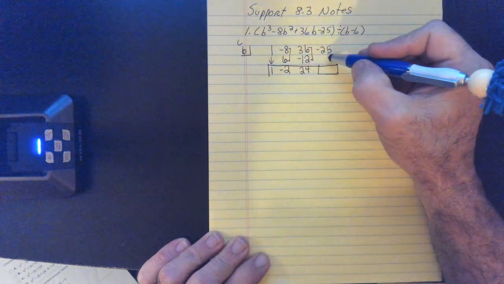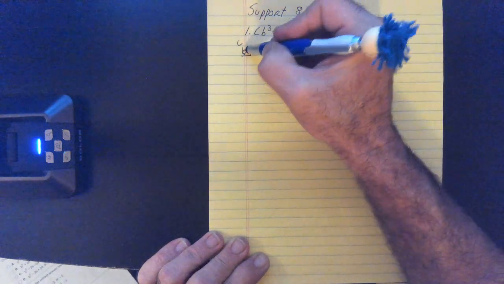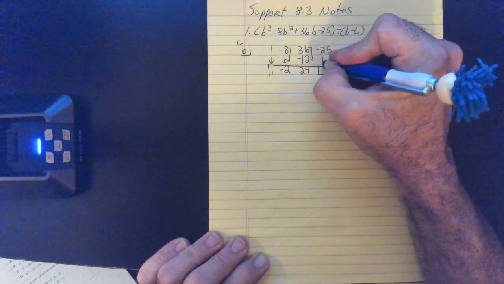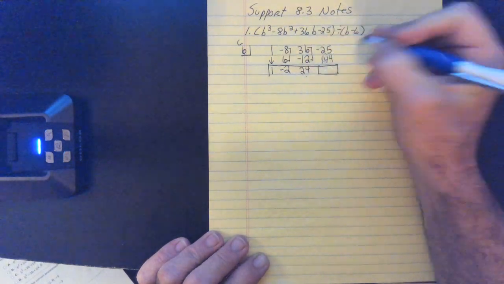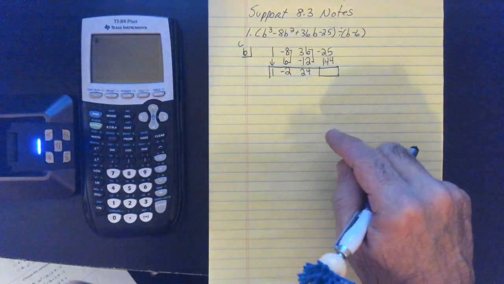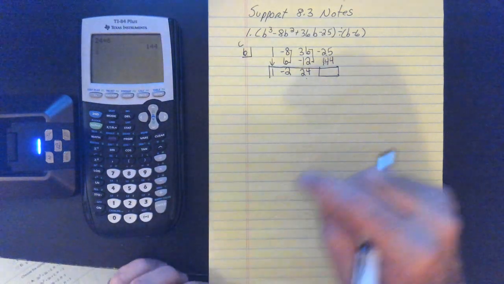And then finally I'm going to get the last number for this column, 24 times 6. So what's that? 144? Okay, so we can always bring our calculators down here. So I did 24 times 6, and that gave me my 144.